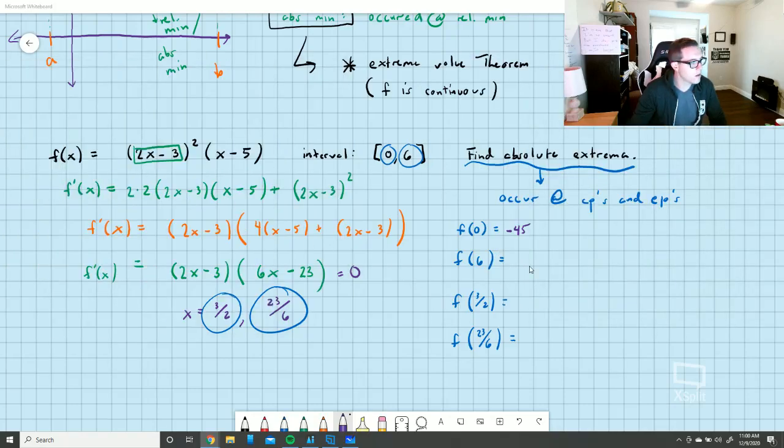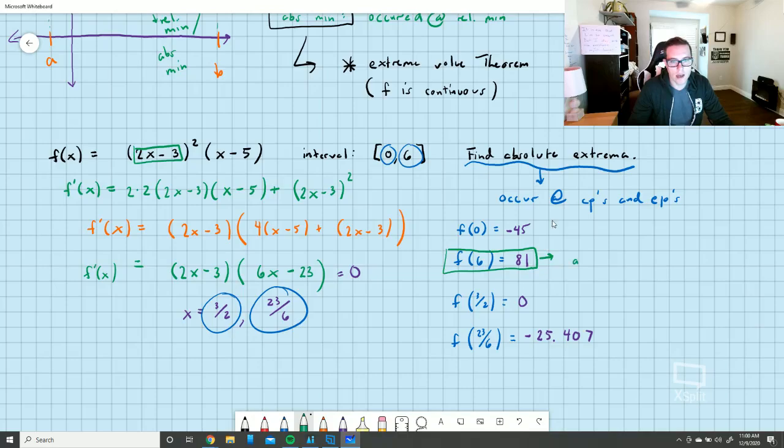So f of 0 is negative 45, f of 6 is 81, f of 3/2 is 0, and f of 23 over 6 was negative 25.407. Okay, so where's the absolute max? This is the absolute max, and this is how you write it.